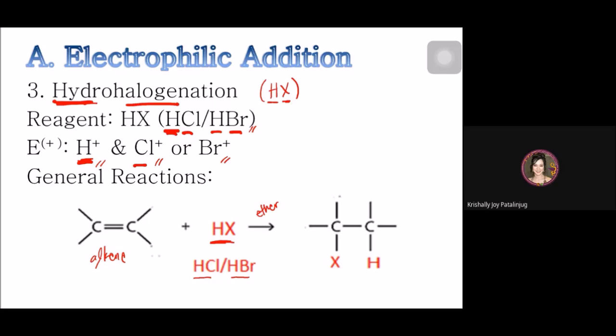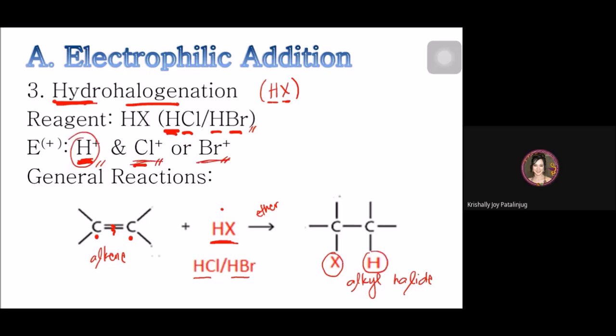Okay, so what would be the product upon hydrohalogenation? It will produce an alkyl halide. Di ba? You have an alkyl group and you have a halogen. Okay? So meaning, ang imuhang makuha nga electrophile, that will be added to each double bond carbon after breaking the bond. Isa is a halogen, the Cl plus or the Br plus. And yung isa is an H plus. So ito yun, H plus or either Cl plus or Br plus.